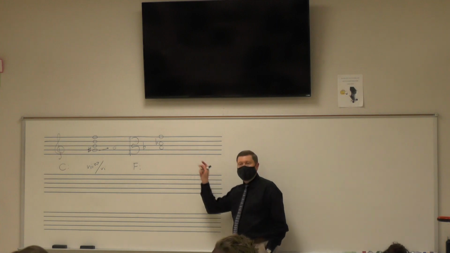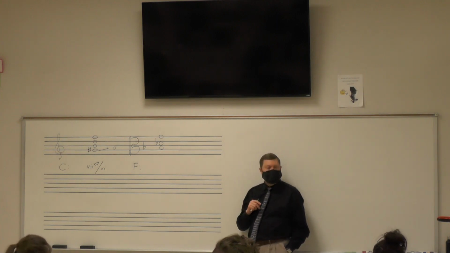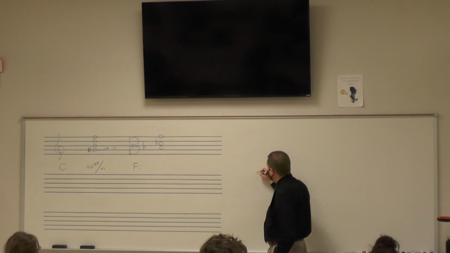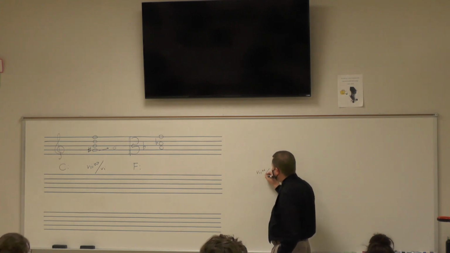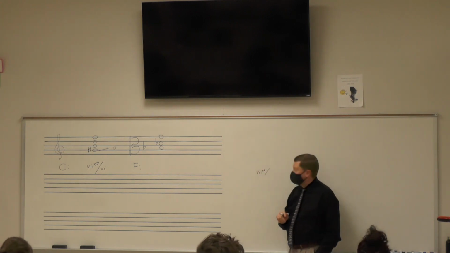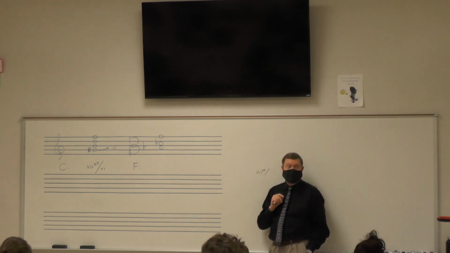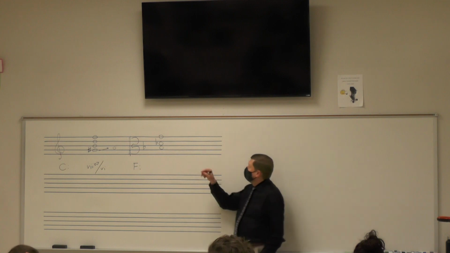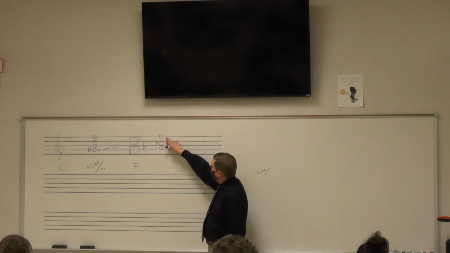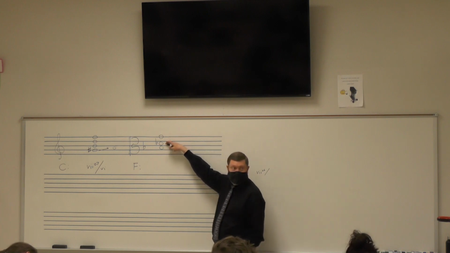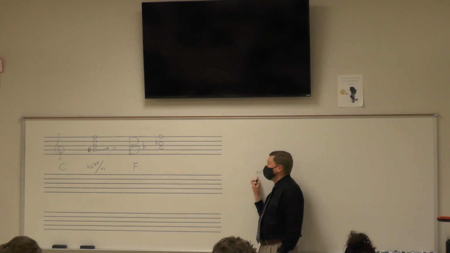First of all, is that a triad or a seventh? A triad. Is it a diminished triad in first inversion? Yes, because the root is right here. The root is G: G, B flat, D flat. It is a diminished triad and it is in first inversion.